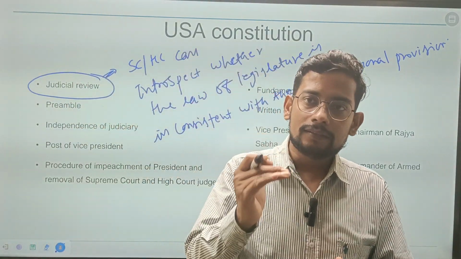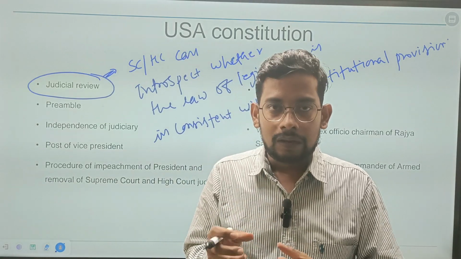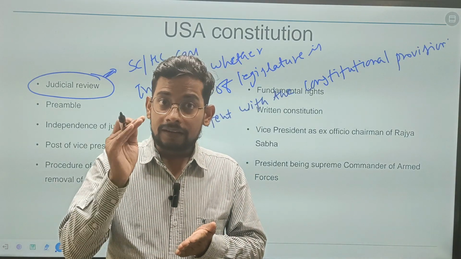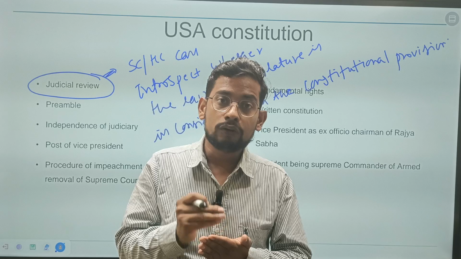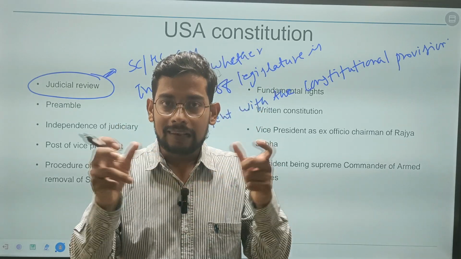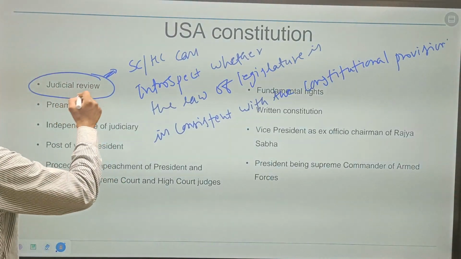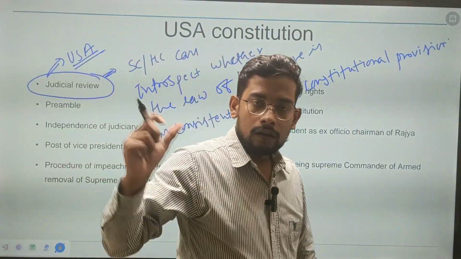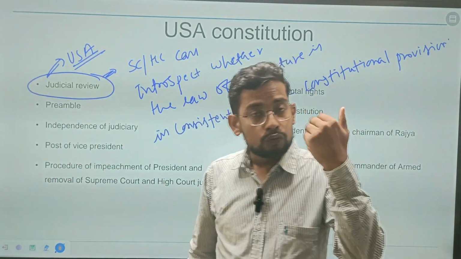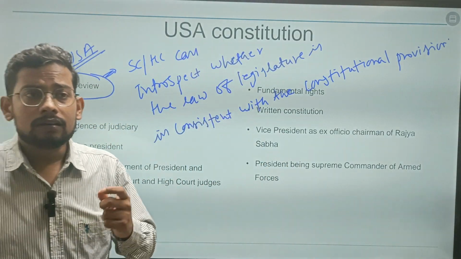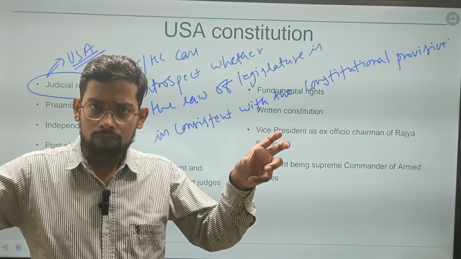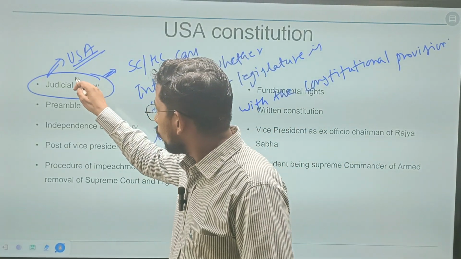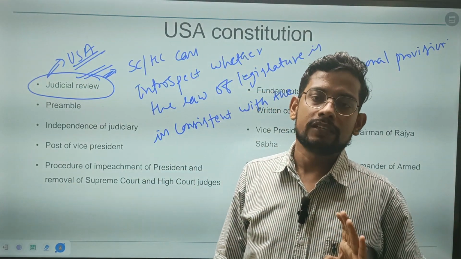They can judge whether the state law or central law is in line with the constitution. If it is in line with the constitution, then it's all right. But if it is contrasting, then the Supreme Court or High Court has the power to declare that particular law null and void. So this judicial review power we have taken from the Constitution of the USA, because the same power is held by the USA judiciary. In simple terms, the judiciary of the USA can also declare any law of Congress, their parliament known as Congress, null and void if it violates the USA Constitution.